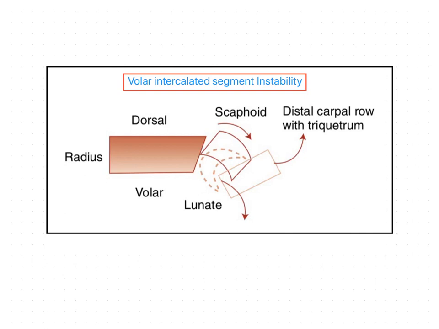So here, normally in the dorsal kind of instability, the ligaments between the scaphoid and lunate are damaged. But in volar intercalated segmental instability, some of the ligaments between the lunate and the triquetrum are also damaged.